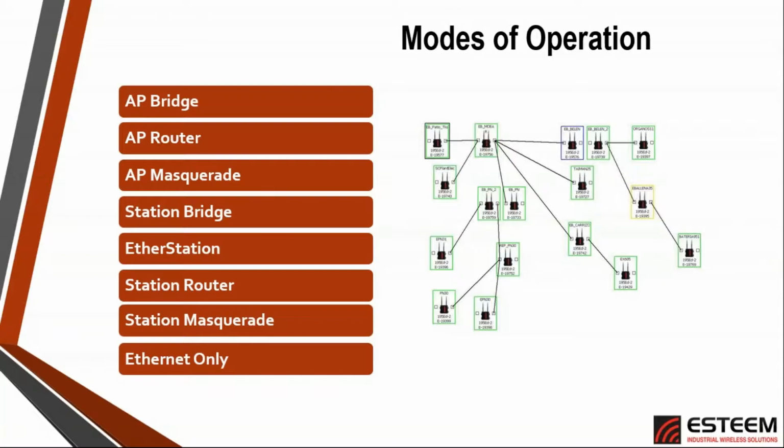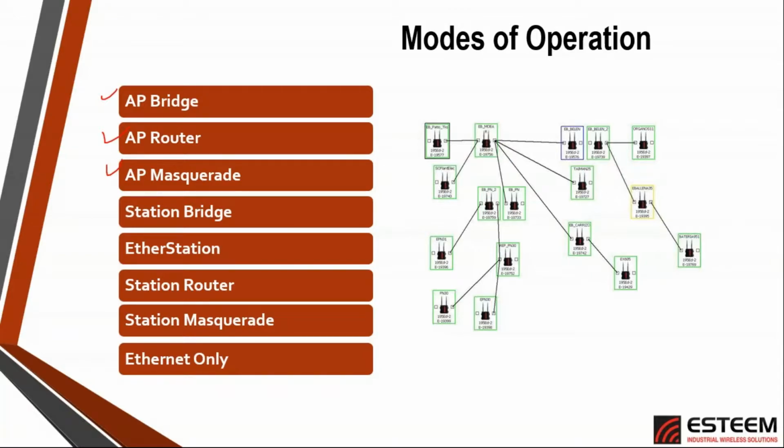Everything that we're going to see here applies to the Horizon series to start with. The modes of operation really come down to each one having a use depending upon the application or the environment that it goes into. You'll notice the first three that we have here start with something called an AP. What the AP stands for is access point.